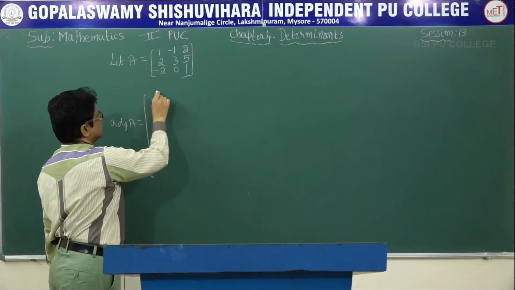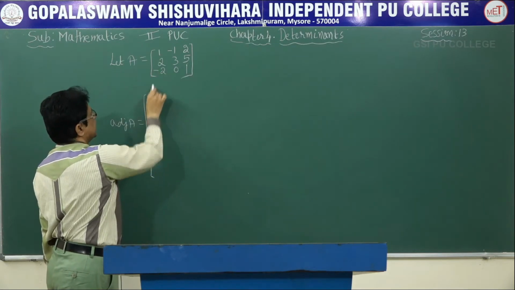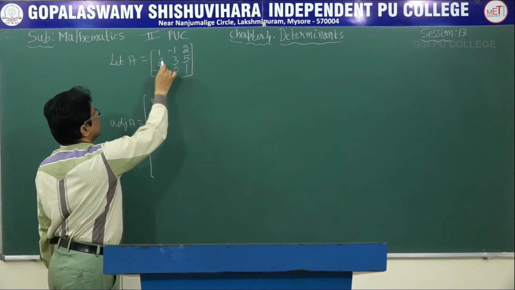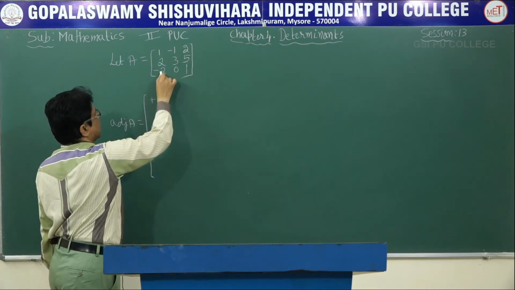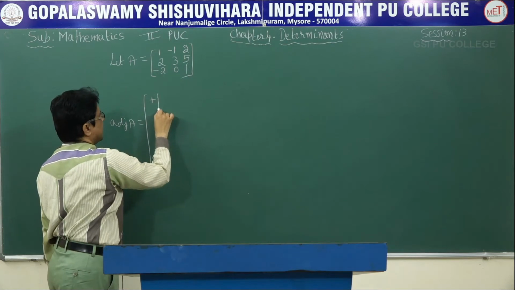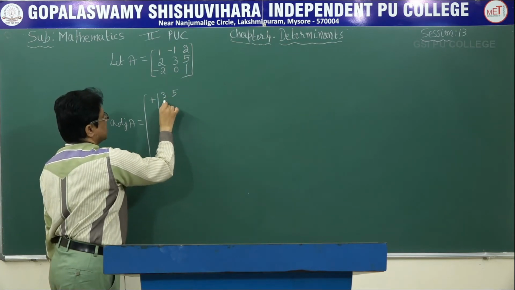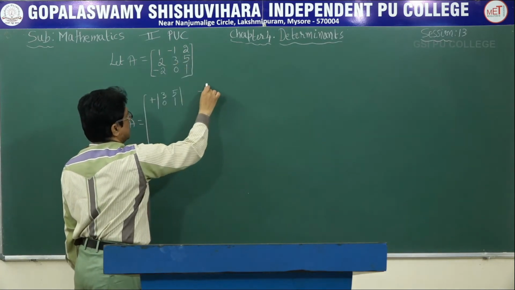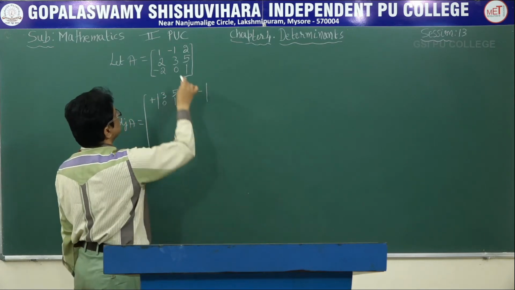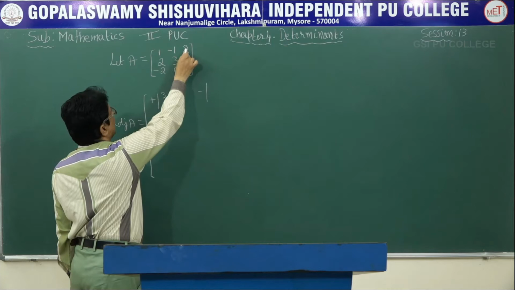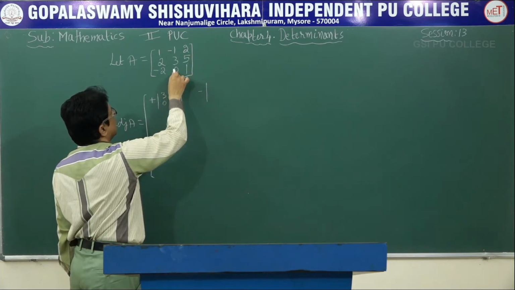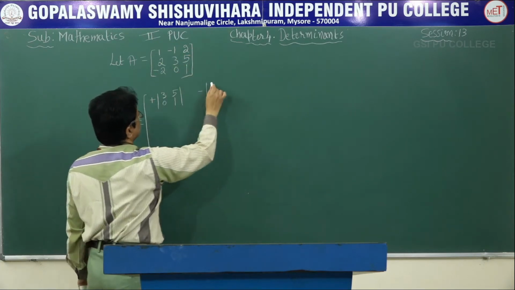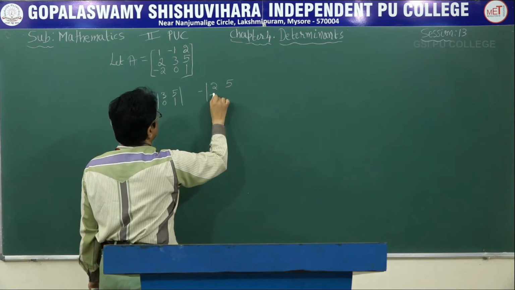So we use plus into the determinant of. So 1 lies in the first row and first column, we take the determinant of the remaining elements 3, 5, 0, 1. Next we shall find the cofactor of minus 1, minus determinant of. So minus 1 lies in the first row and second column. We eliminate the first row and second column and take the determinant of the remaining elements 2, 5, minus 2, 1.